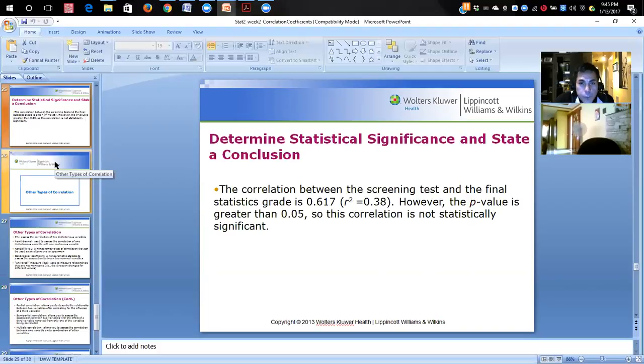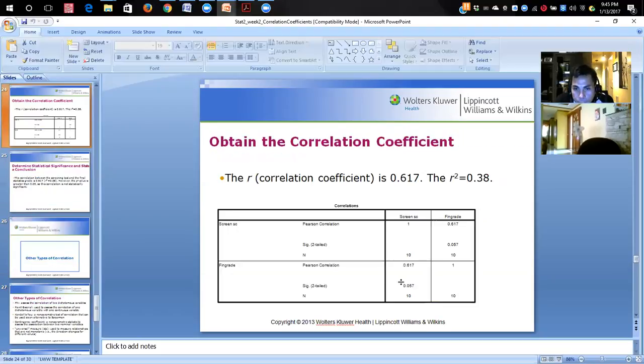That's if you get a 0.617 p-value right here, but the printout actually for these slides is 0.05. So that's your significance for two-tailed. And so again, it reaches statistical significance, and therefore you reject your null hypothesis.